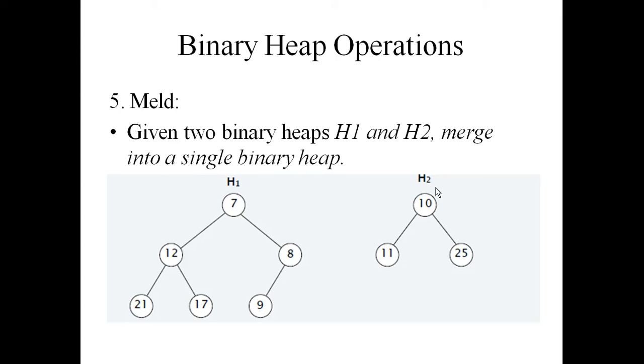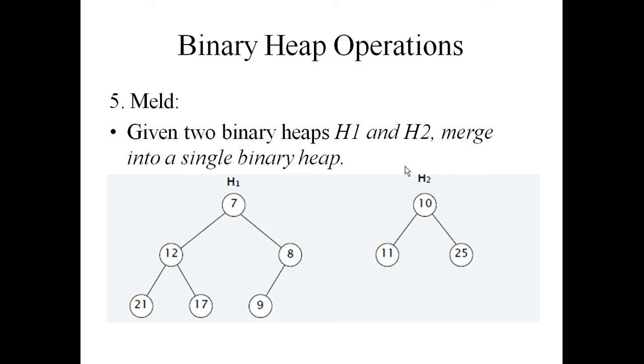Let us say we are using an array to store the heap H1 as well as H2. So the first step of the meld operation is simply to copy H2 after H1, or simply to append H2 after H1, and then go on performing the exchange operations until it is heap ordered.